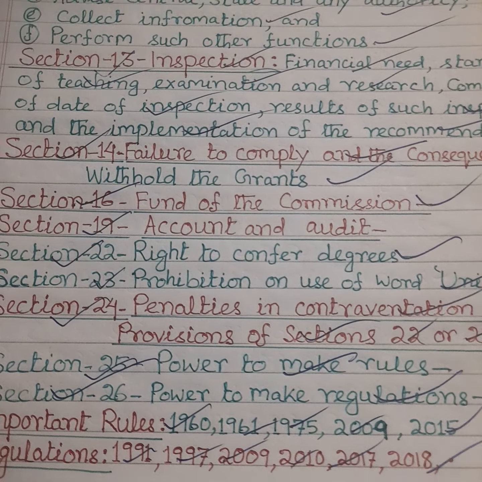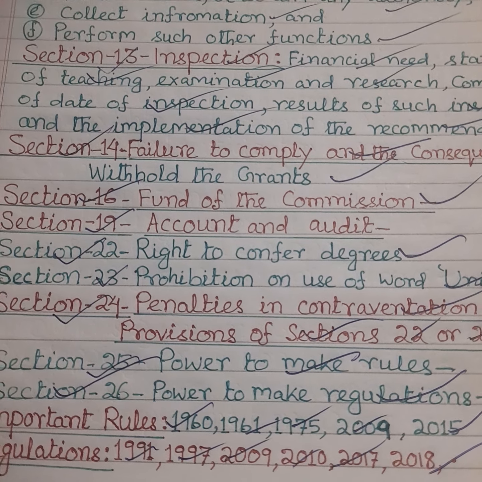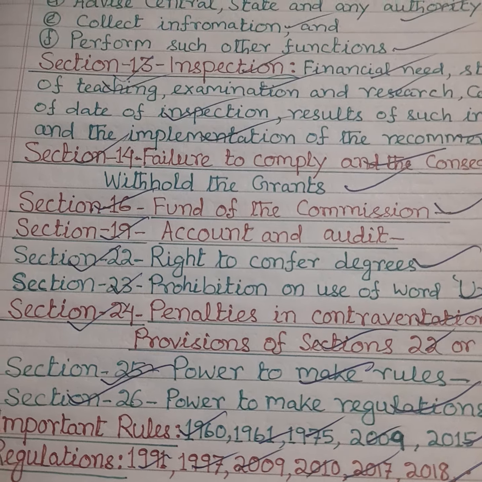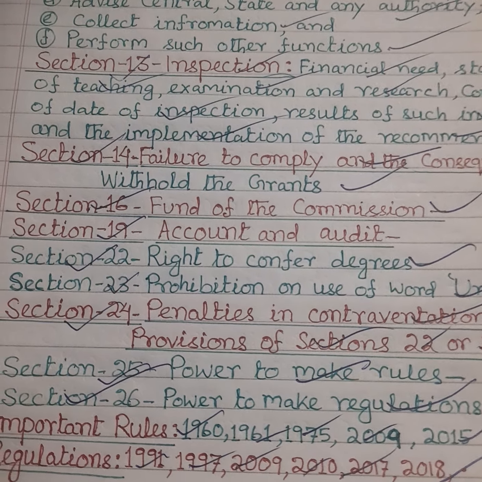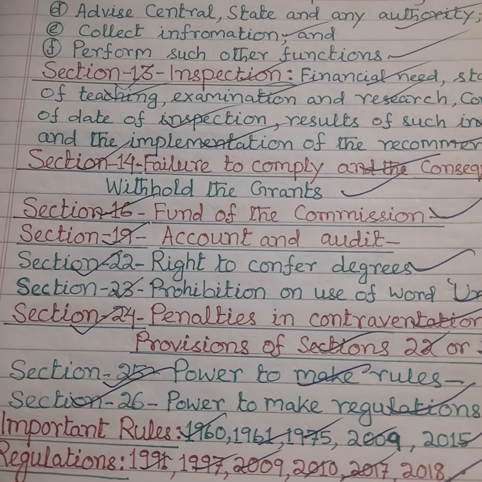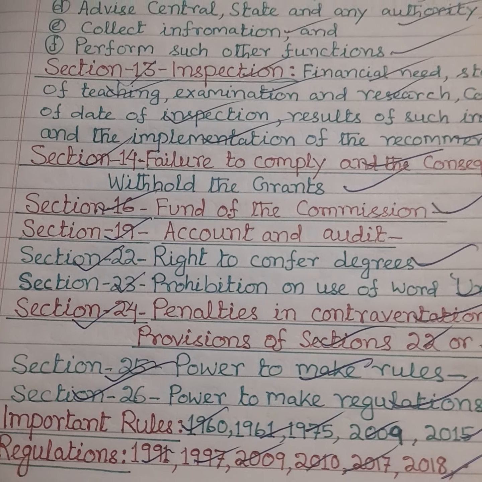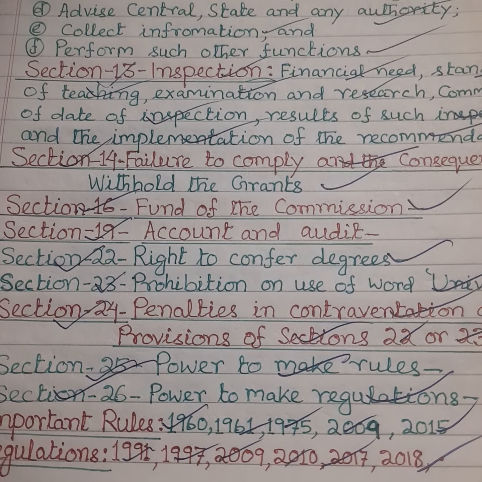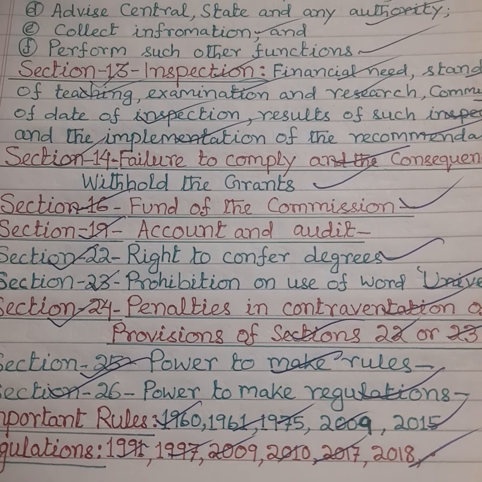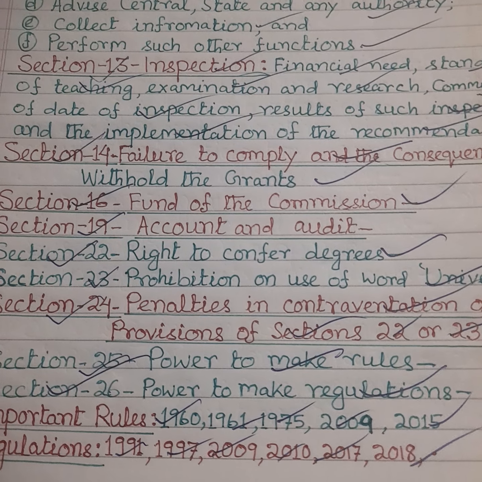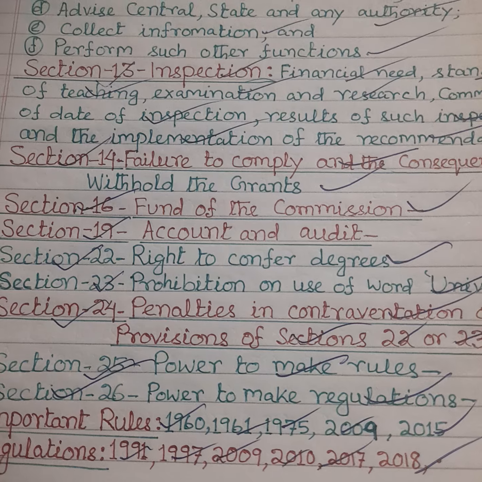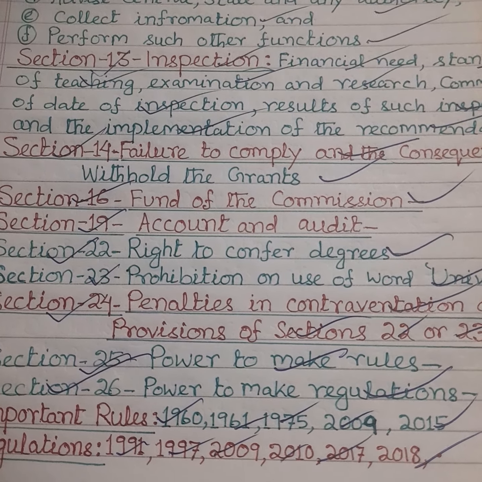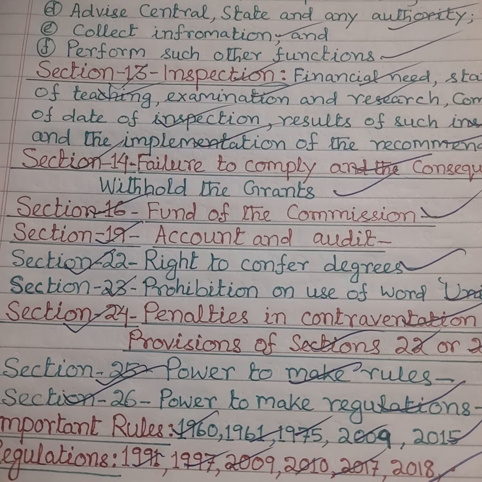So also in 1997, the regulation relating to regulation of admission and fees in private and unaided professional institutions, and the regulation of 2000 is regarding minimum qualifications required for the appointment and career advancement of teachers in universities and institutions affiliated to the University Grants Commission.